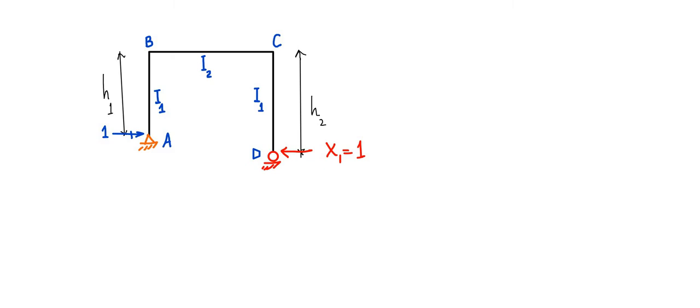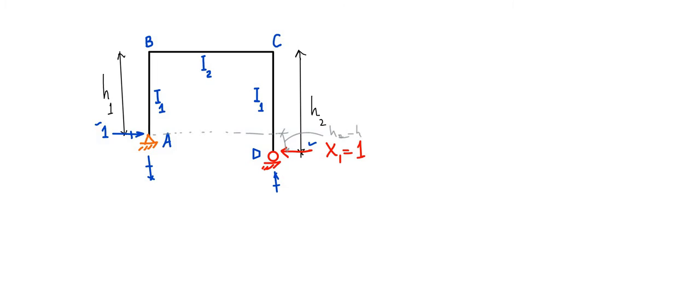So without naming it, I'm just writing down the reaction x, and then there will be two opposite and equal reactions developed over here, because you know that under the action of this x1 equal to 1 and this unit load, this is the reaction 1, there will be some net moment which will be equal to 1 multiplied by the distance, the difference of H2 and H1. So this is the lever arm.